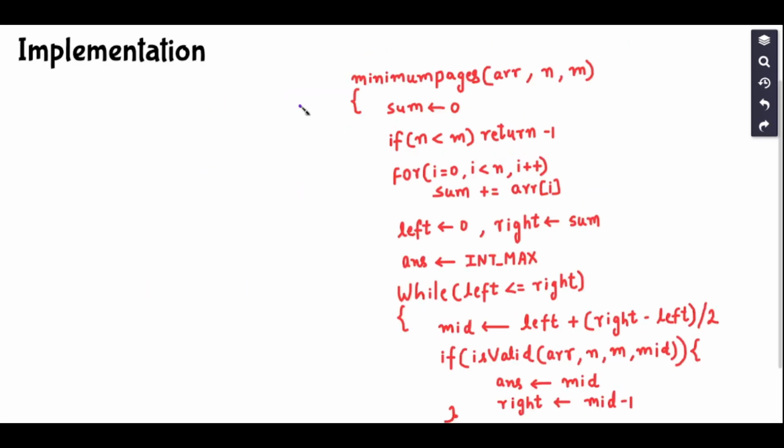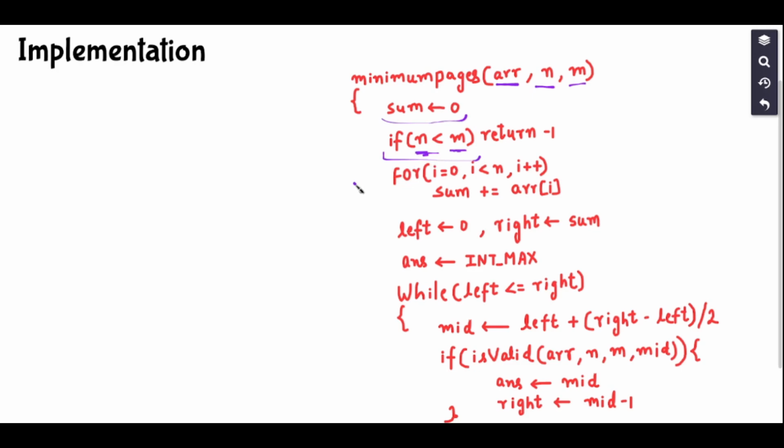This is my implementation of the minimum pages function, which takes in this array representing the number of pages present in each book, the number of books, and the number of students to which we want to allocate these books. Initialize a variable sum to 0. Here I am checking if the number of books available is less than the number of students.